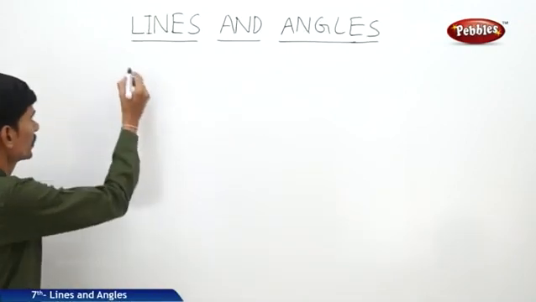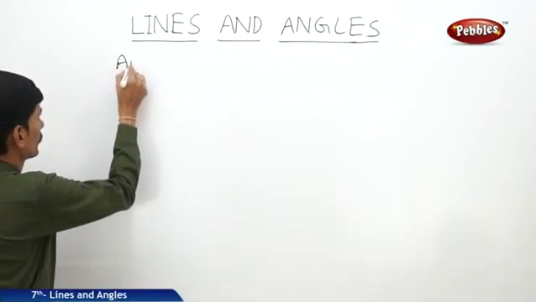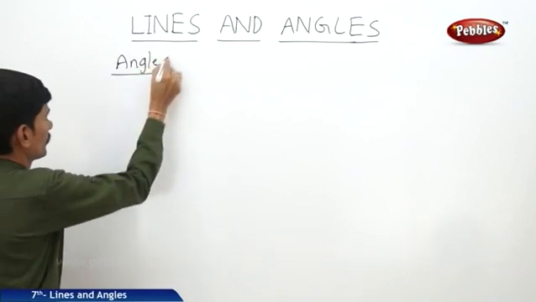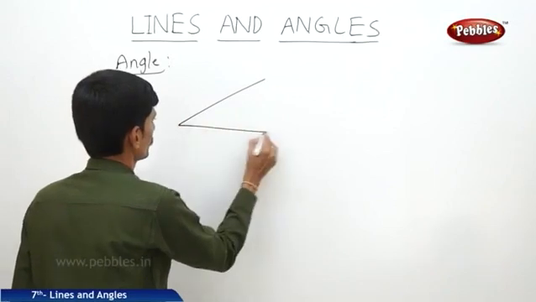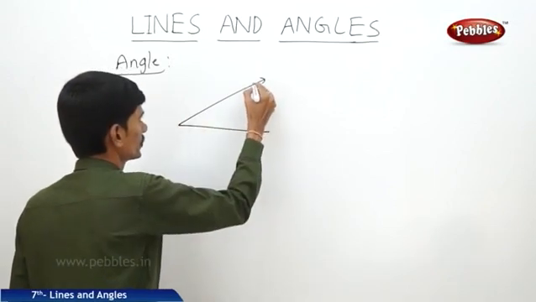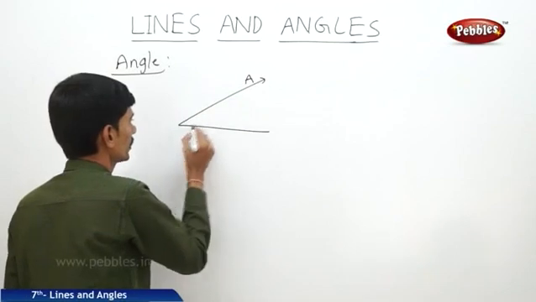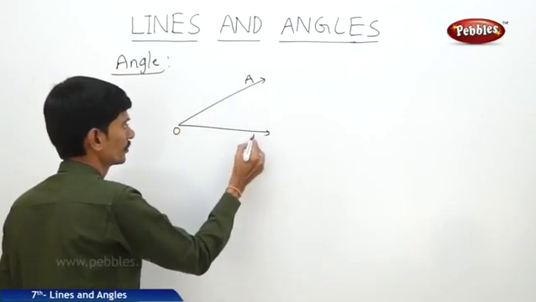Now let us define an angle. So what is an angle? The union of 2 rays with a common endpoint is called an angle. Here the angle AOB.